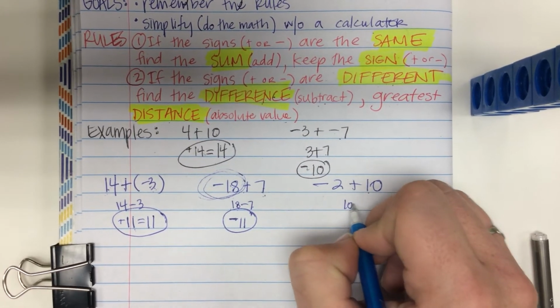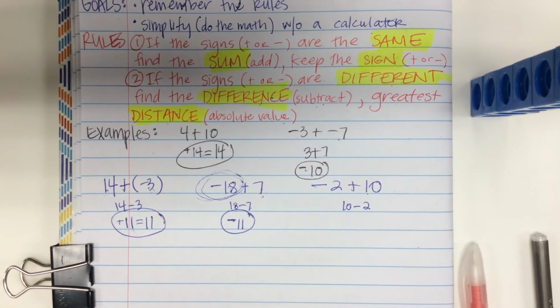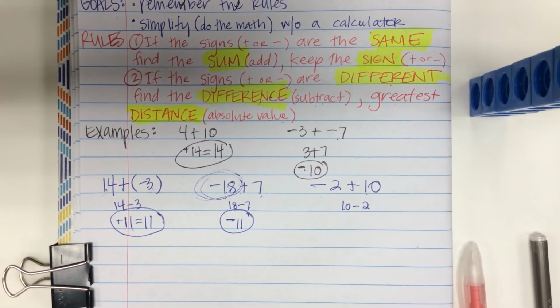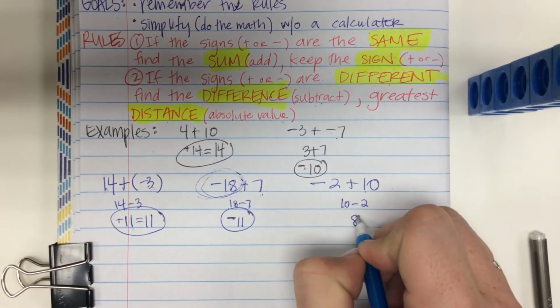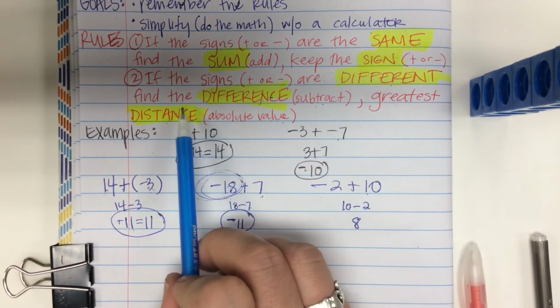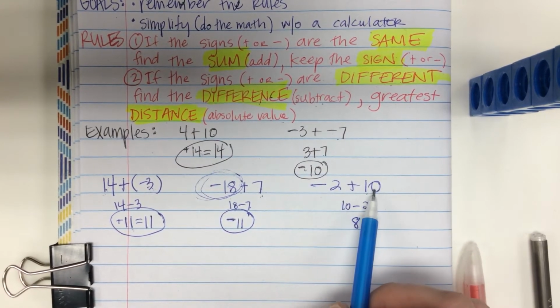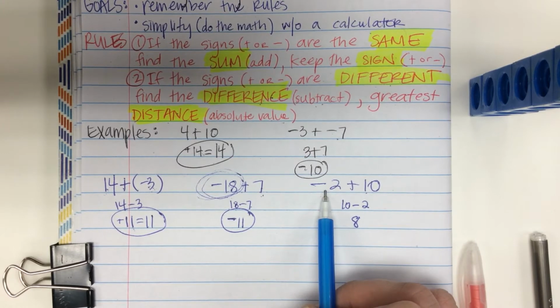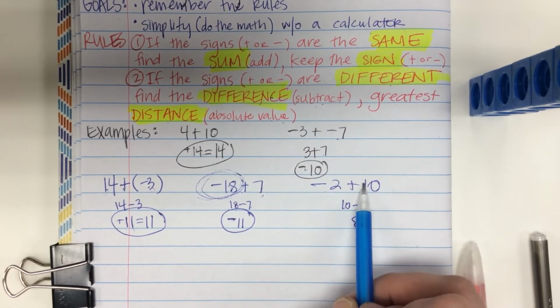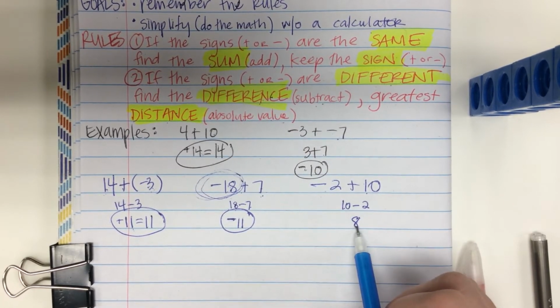So we'll do 10 minus 2. 10 minus 2 is 8. Greatest distance. Which one of these values has a greater absolute value? Chrissy? 10. So it's going to be positive.